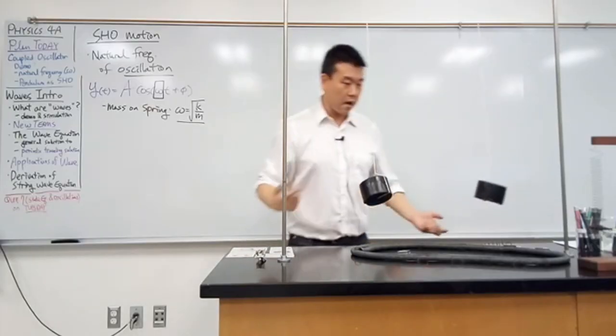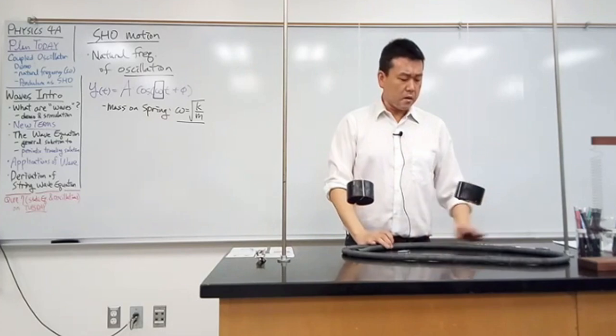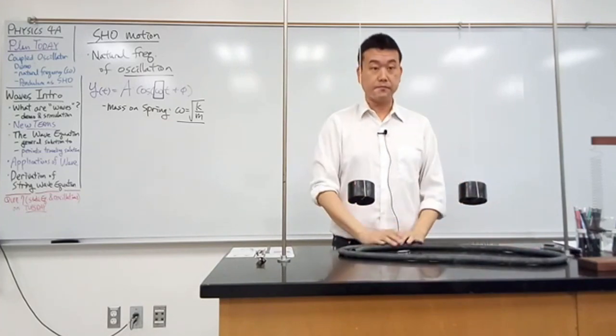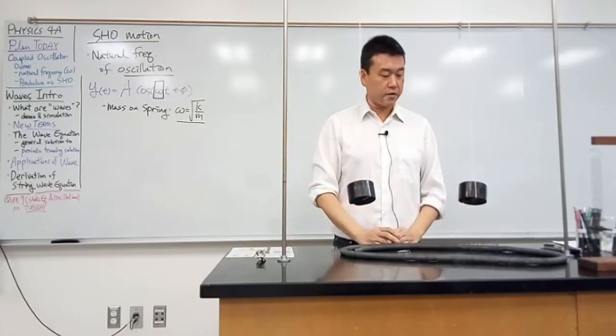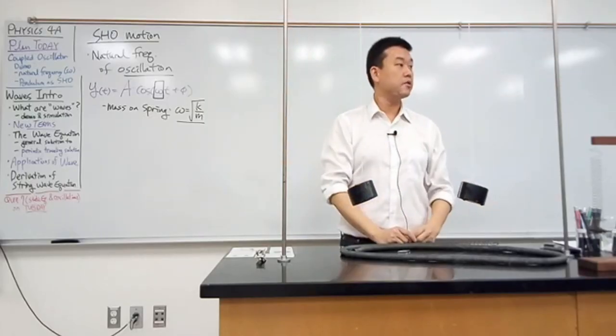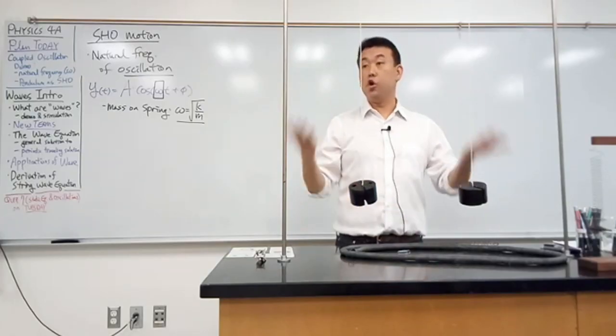Good. So let me just finish this discussion with a coupled oscillator. In upper division, they describe this in terms of normal modes. And one way you can describe it is that this system as a whole has two different ways it can shake. That's the normal mode.